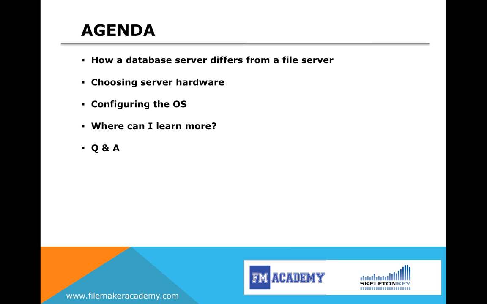So the first thing we want to do is talk briefly about how a database server differs from a file server. We want to look at choosing server hardware. We're going to look at configuring the OS, and then just a little bit about resources where you can learn more. Then at the end, we're going to do a Q&A session.